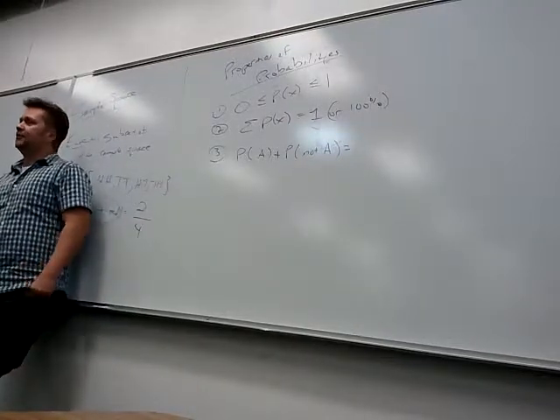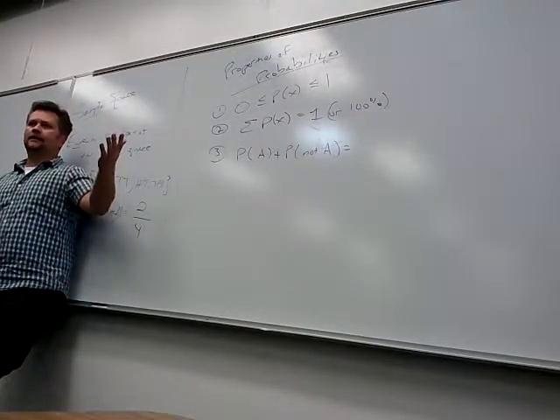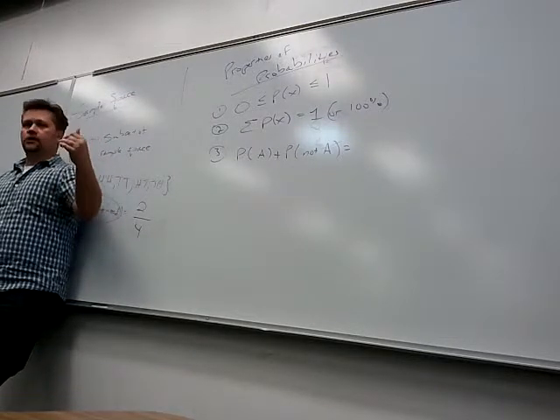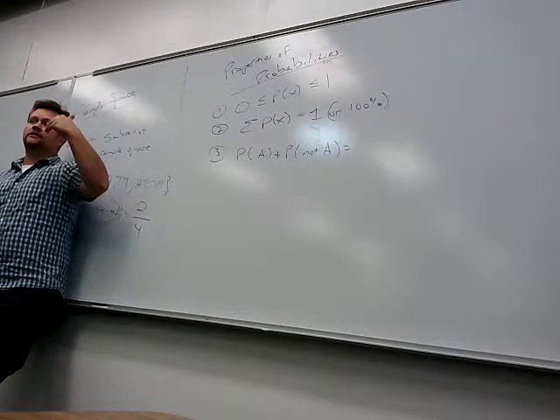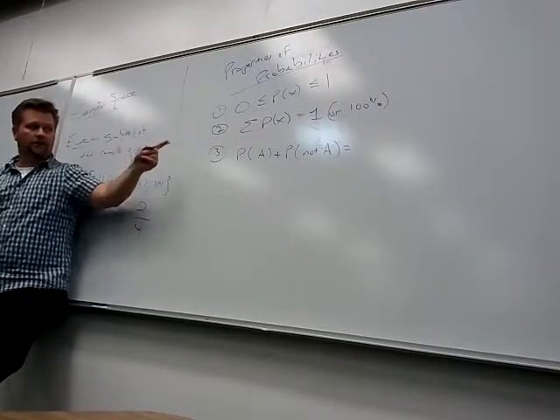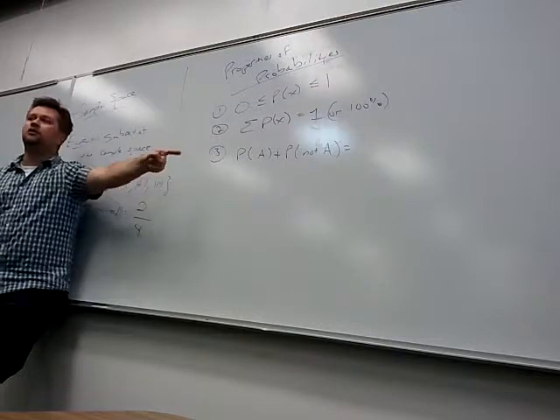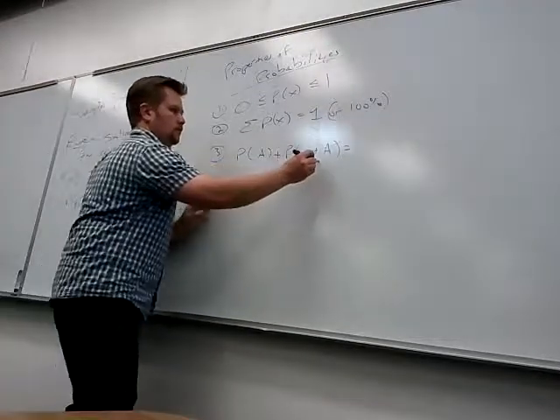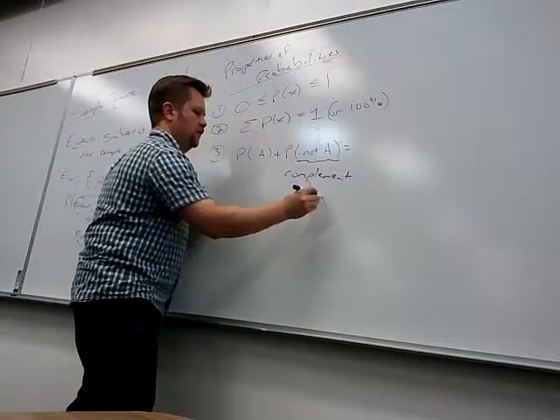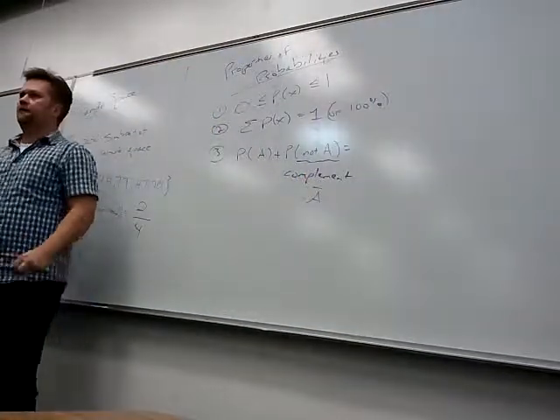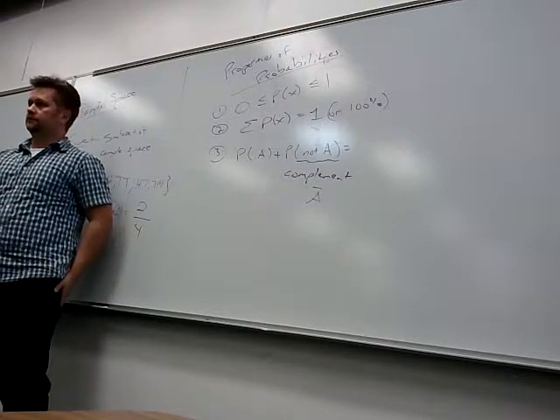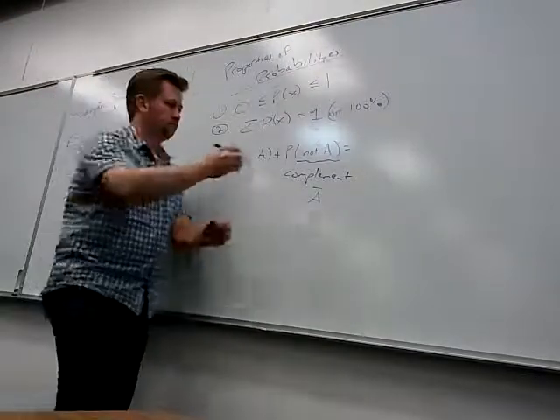For example, the probability it's going to rain today, I think it was 20%. So the probability it's not going to rain must be 80%. So the probability of an event plus its complement, very often given this notation, not A, has to add up to be what? 1 or 100%.